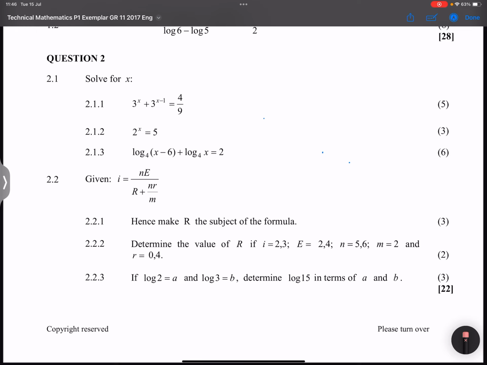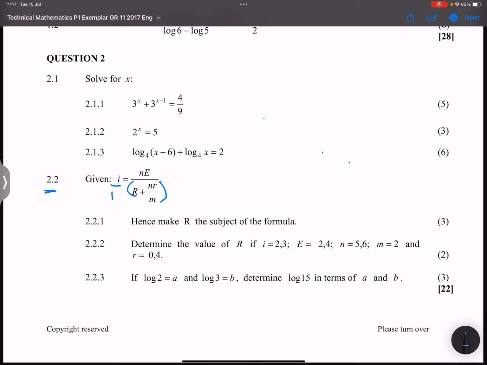All right, so let's get right into the question. So 2.2, we've already covered the other questions in the previous videos. So I'm going to dive into 2.2. Given that entire equation, they say, hence, make R the subject of the formula. Now I want you guys to please note, I've got a fraction over 1.